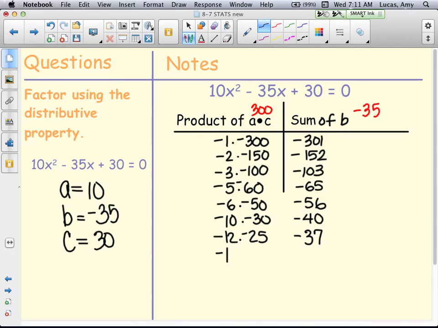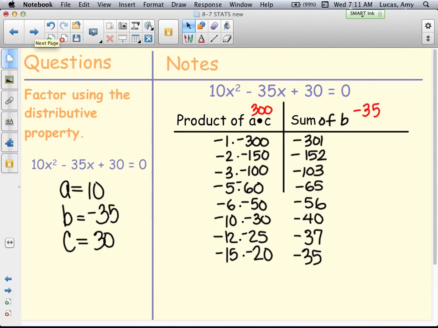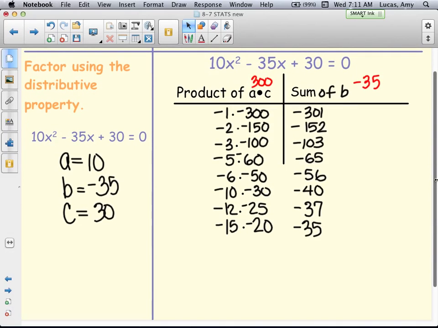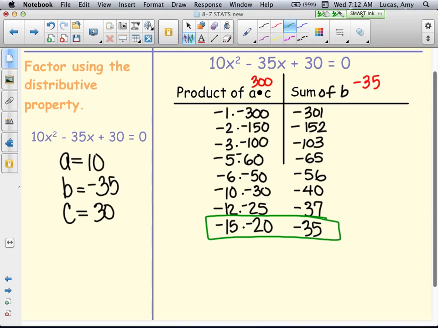And hopefully this one's the winner. Negative 15 times negative 20 is 300. And that one adds to negative 35. So sometimes it takes a while to figure out your pair of factors, but we've got it.